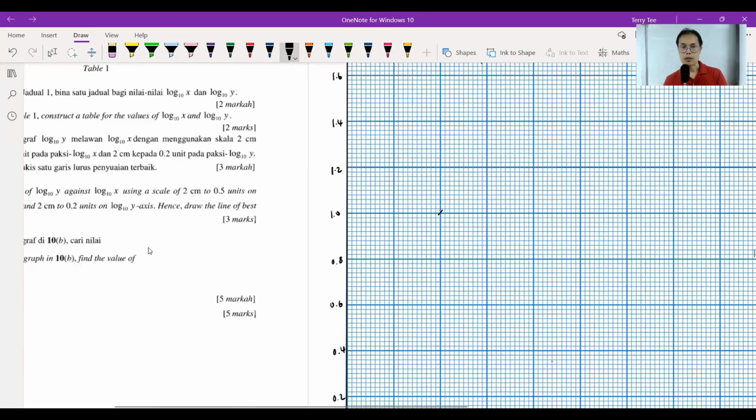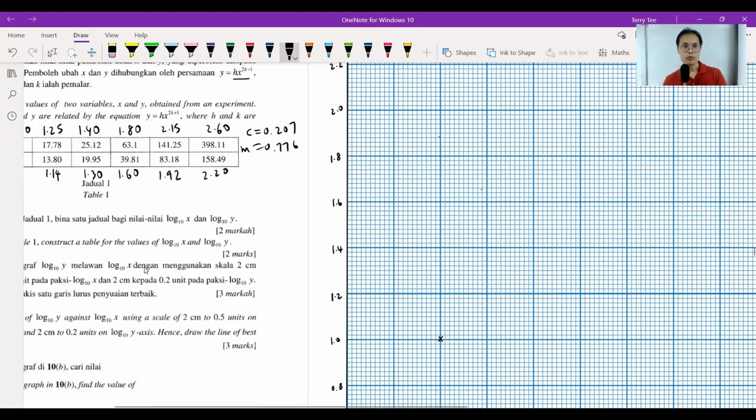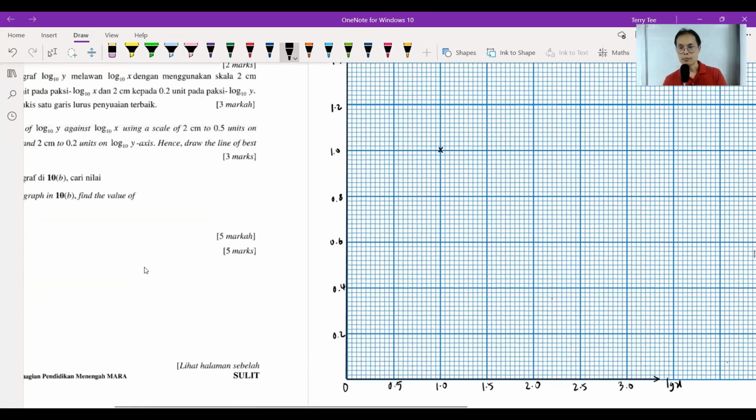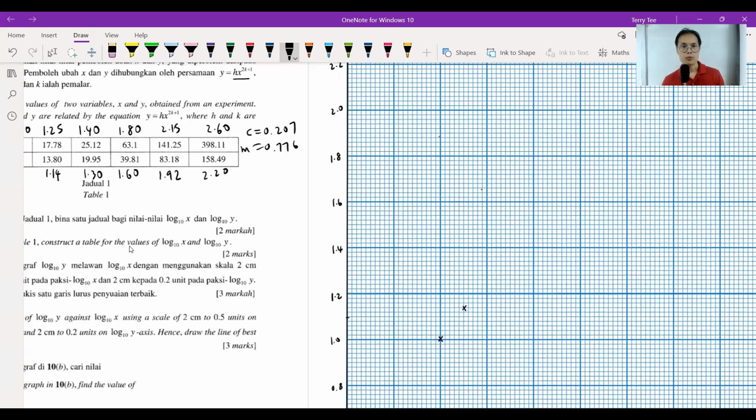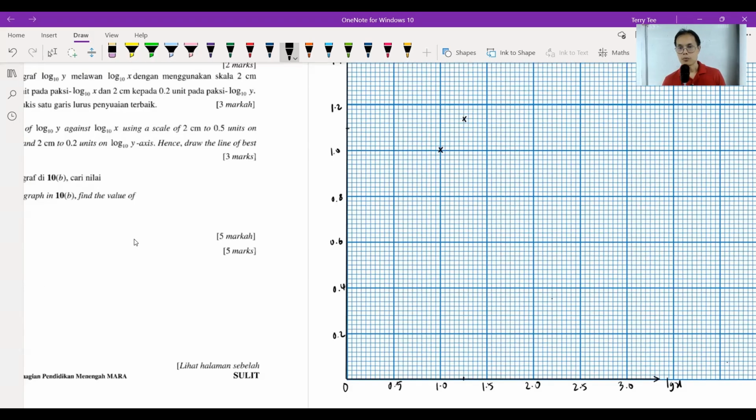Second point, 1.25, 1.14. Remember, 1.25 is in between. 1.1 is here, 1.14 is a bit higher. Next one is 1.8, 1.6.